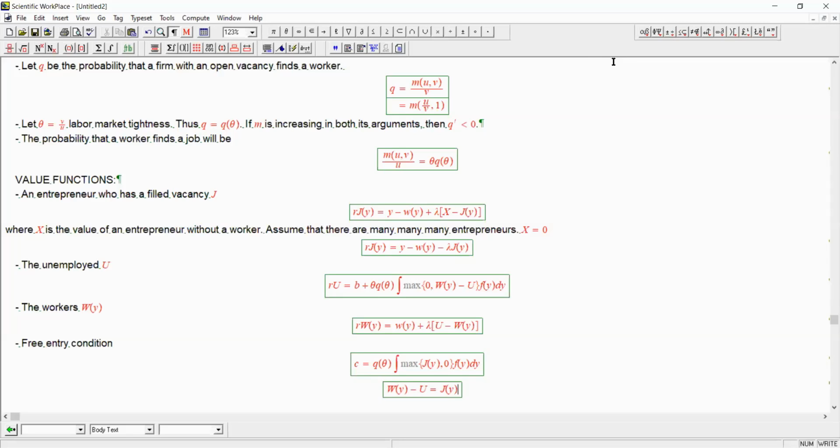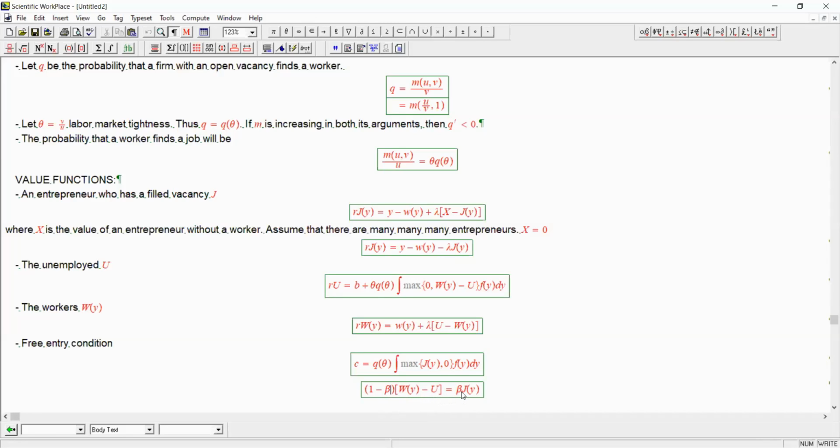But more generally, what we're going to assume is that there is some parameter that governs how much of the surplus goes to the firm and how much goes to the worker. And let's call that parameter beta, and 1 minus beta here. Beta is used because it has to do with bargaining. What happens here?